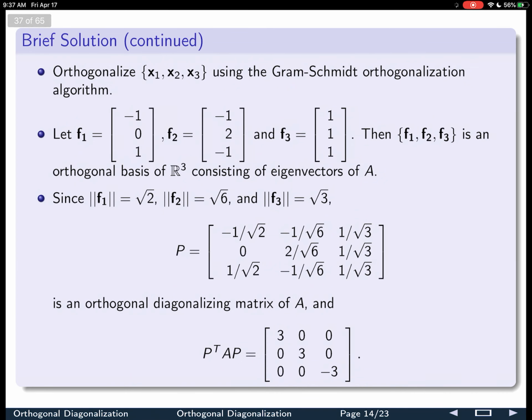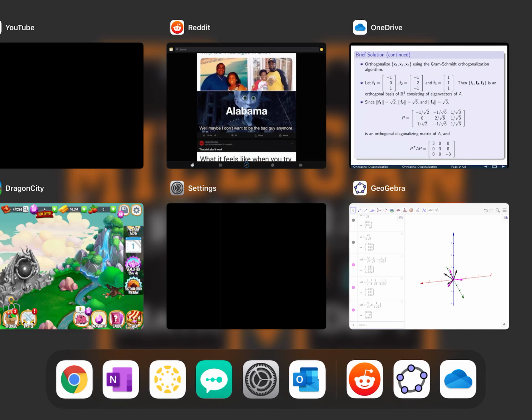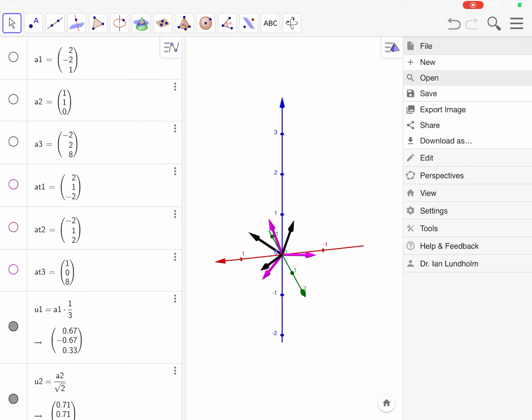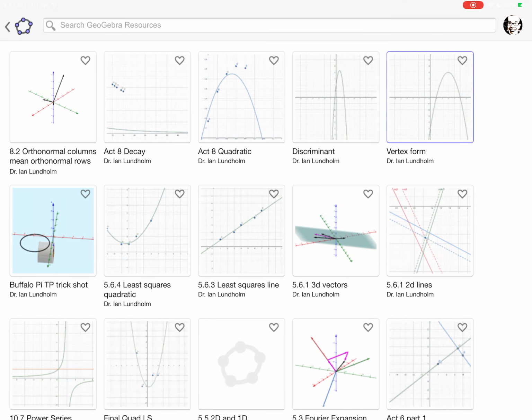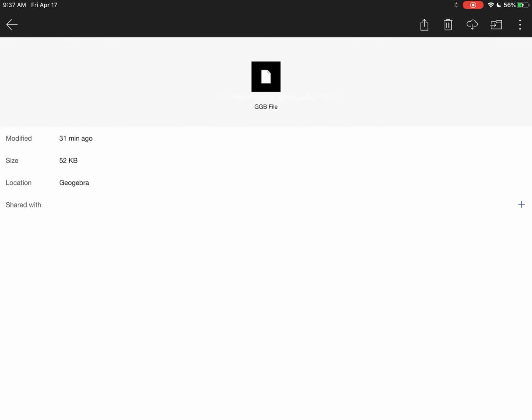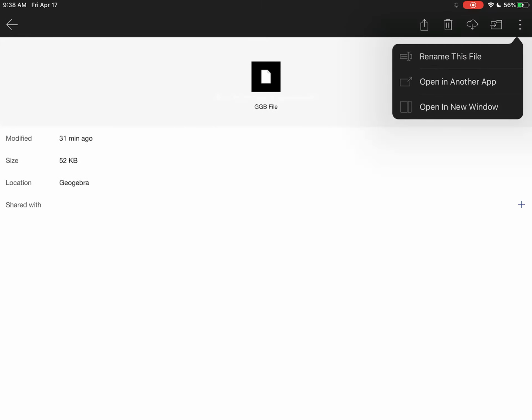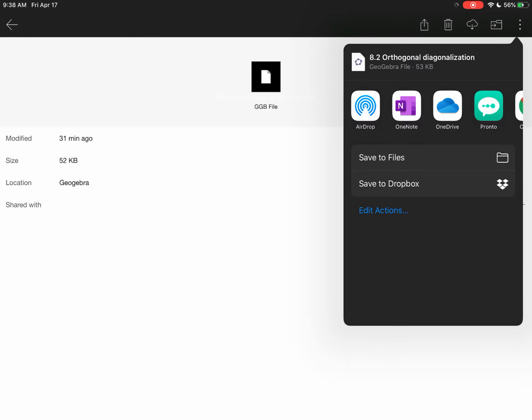Here's where things get fun. All right, hopefully I'm going to be able to pull this up. GeoGebra has been... Okay, I'm going to have to go to OneDrive. I'm going to have to get out of this. Orthogonal diagonalization. Open in another app. Copy to GeoGebra.